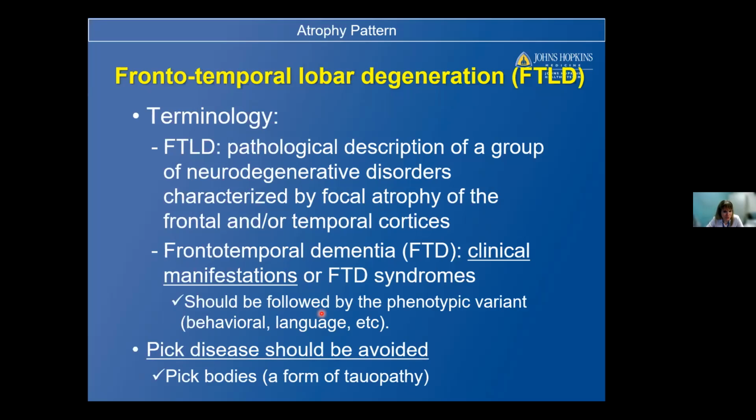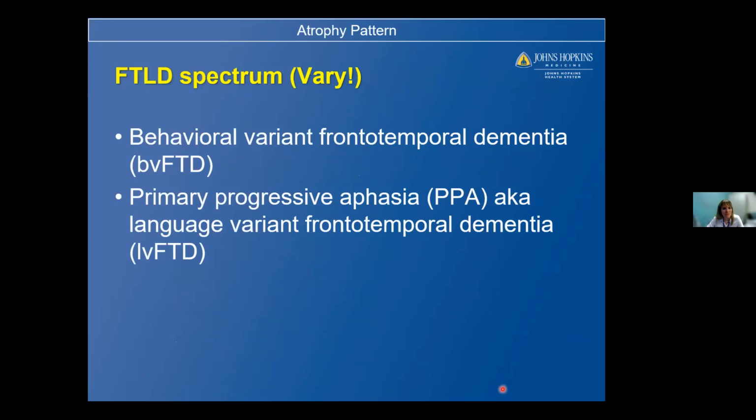Rather, it should be reserved for the pathological entity characterized by Pick bodies, which is a form of tauopathy. I stress this because until today, many people still use this term, Pick disease, and it should be avoided as a clinical manifestation. It's more of a pathological entity.